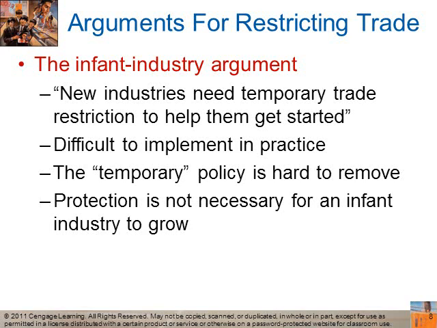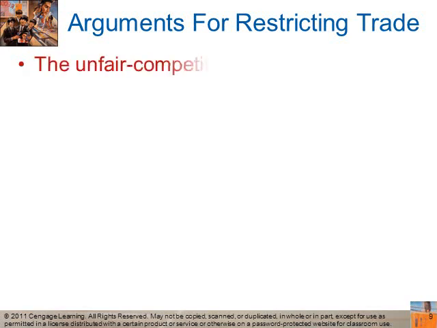Probably the industry may decide to remain infant, so it keeps receiving the protection. And remember that someone is paying for that protection, so the consumers are paying a higher price because of this tariff, because of this protection. Once you have this protection, it's not so easy to get rid of.